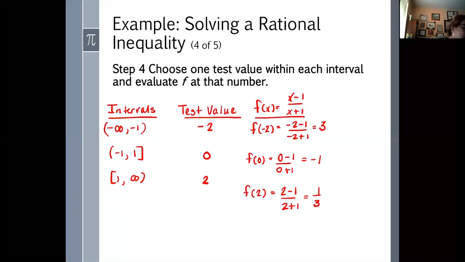All right, so let's draw our conclusion. For the interval from -infinity to -1, the value of my function at my test value was positive, so we can conclude that for every value to the left of -1, this function will be positive.